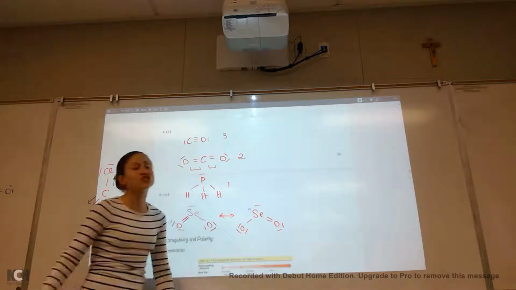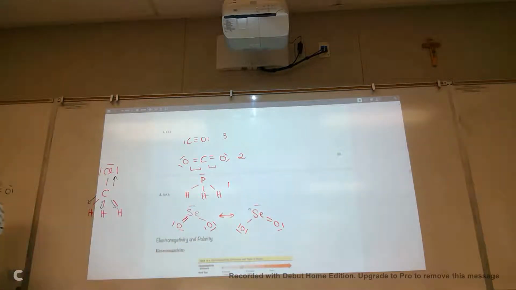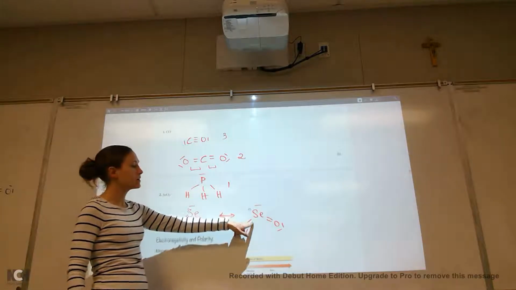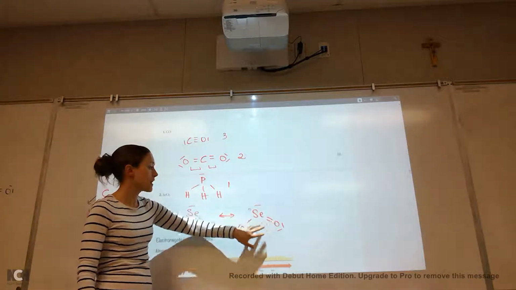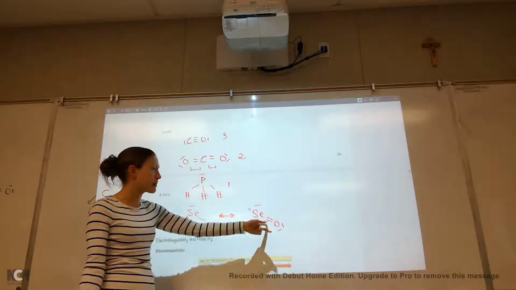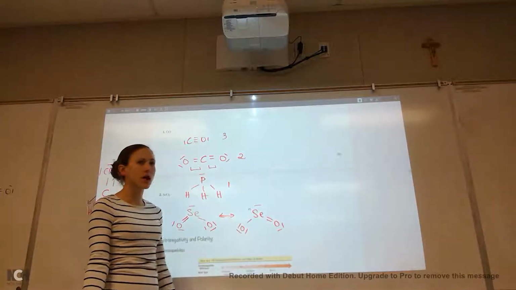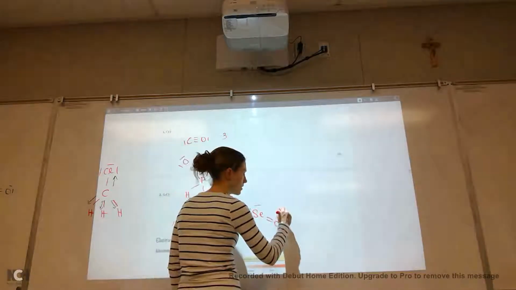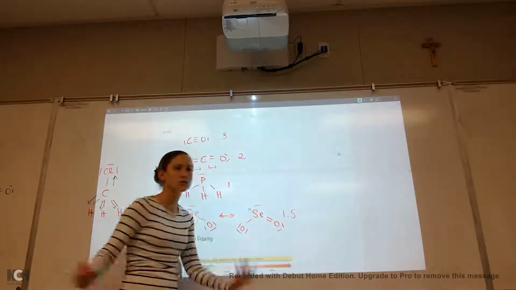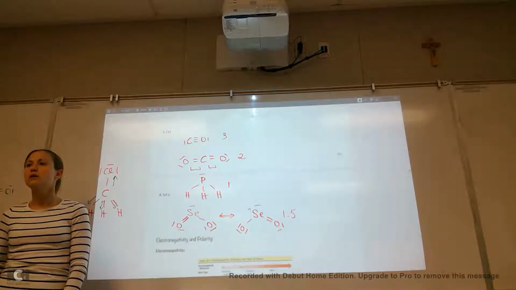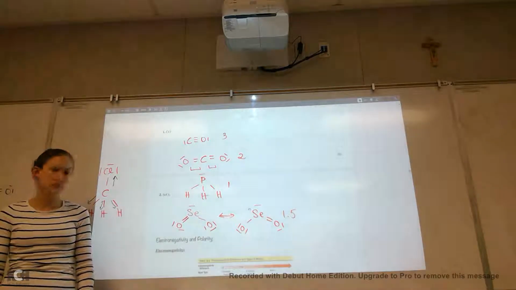So I actually want to average these bonds. I have 1, 2, 3 bonds total, right? Divided by how many spots? 2. So the bond order would be 1.5. It's an average of 1 plus 2, average of 1.5.